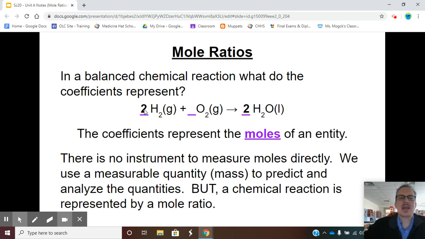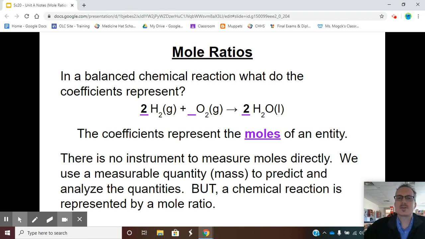So it's not that we have a 2 here, it's that we have 2 moles of hydrogen gas. We have 1 mole of oxygen gas, and that allows us to make 2 moles of liquid water. Remember, we don't put the ones in, but there's still a 1 there. There's 1 mole of oxygen in that equation.